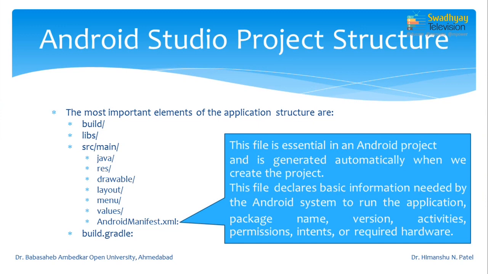For example, what is your package name, what is the version of your application, what are the activities included in your project, what permissions are required to execute this app, what are the intents or what hardware is required. For example, if you are using a motion sensor for your application, then that required hardware is specified inside this Android manifest file, which is again an XML file.